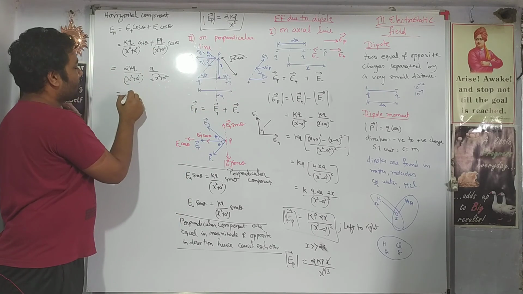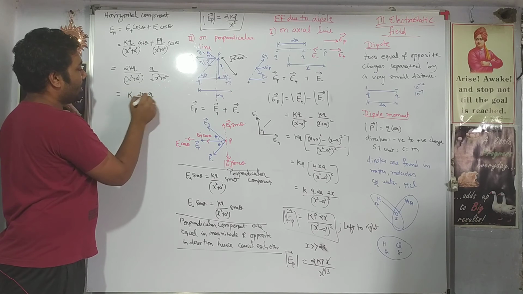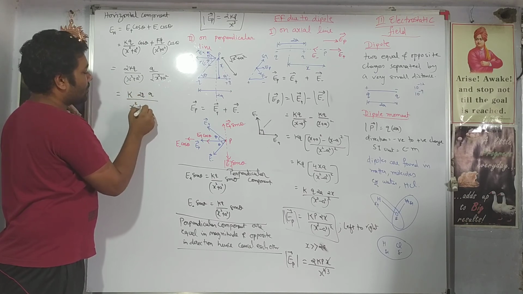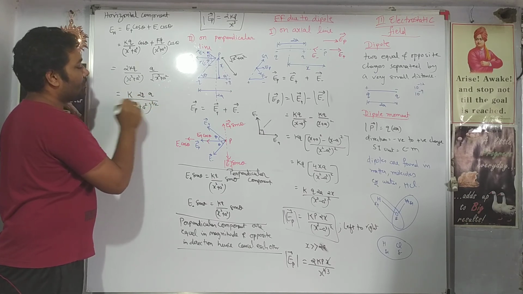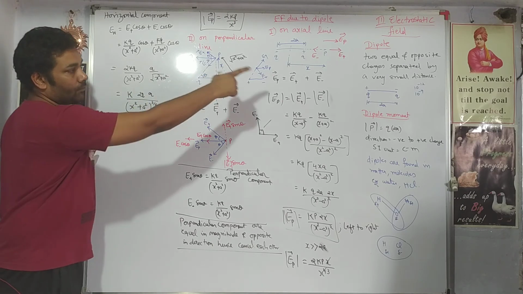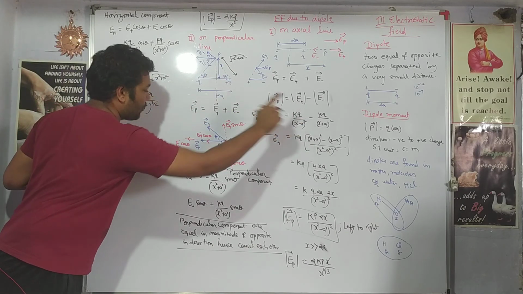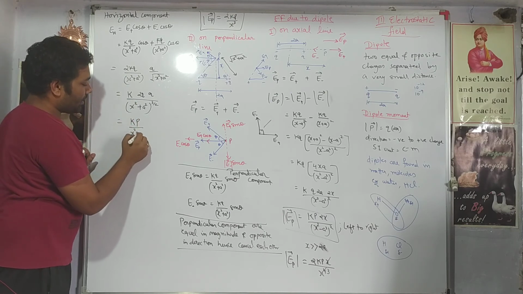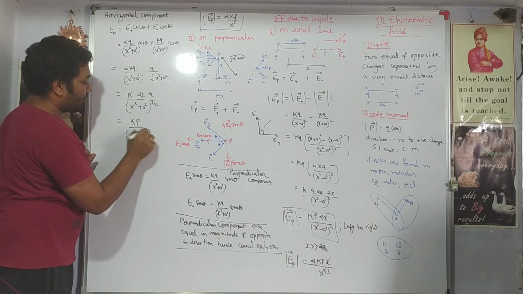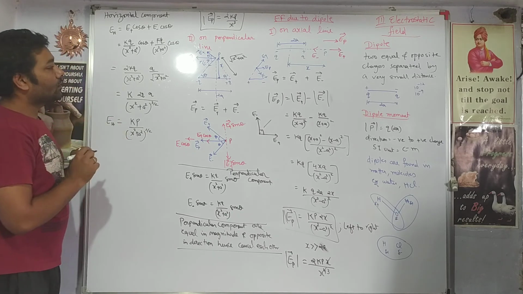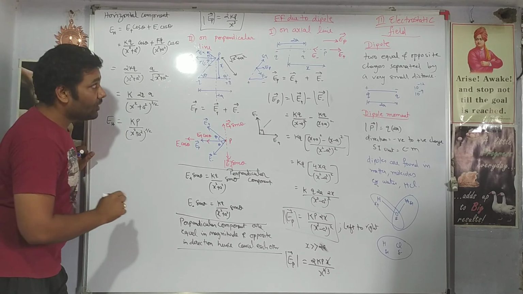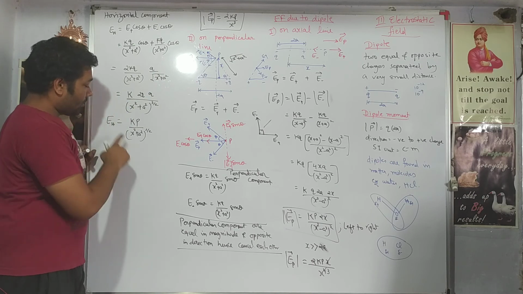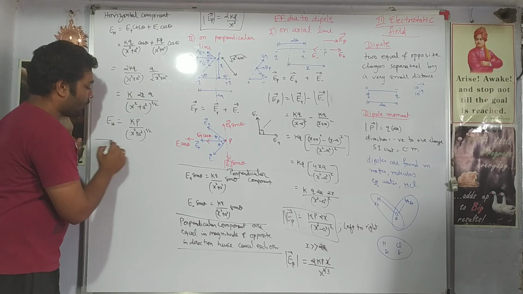Let us evaluate. k times 2q a upon x square plus a square whole raised to the power 3 by 2. q into 2a can be written as the dipole moment p. So kp by x square plus a square raised to the power 3 by 2. This is the horizontal component of the electric field at point P.